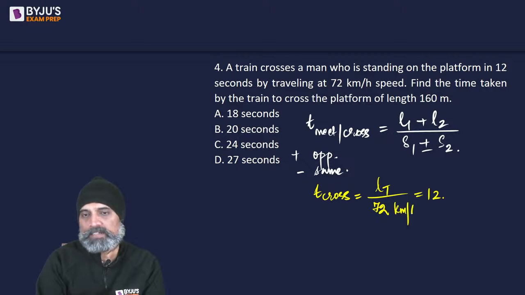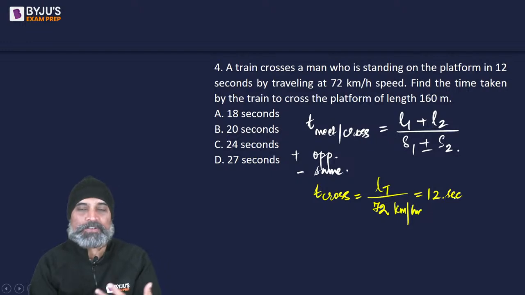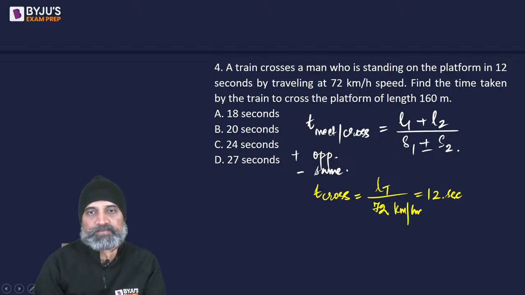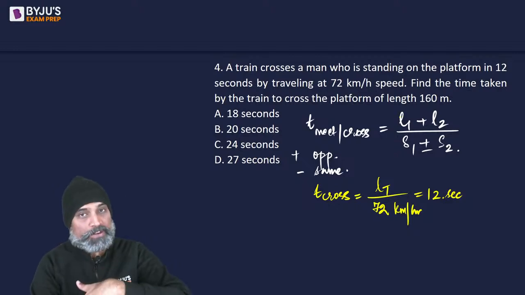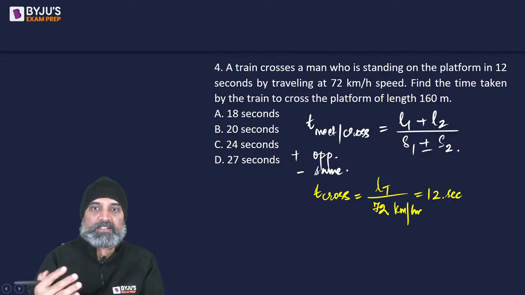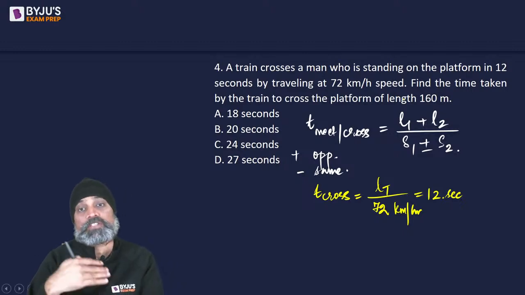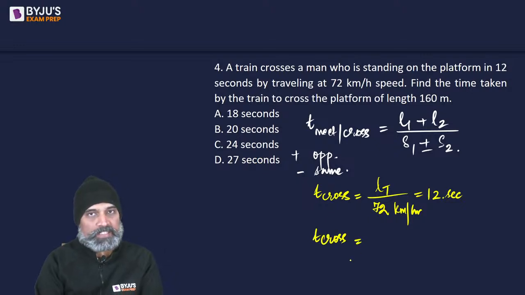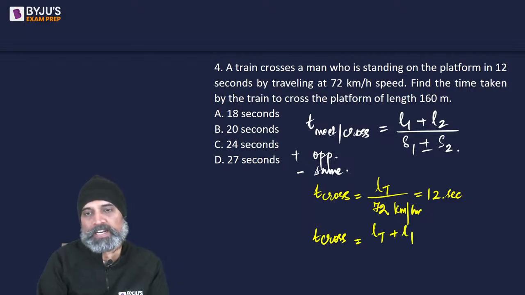Please understand, the units are different here. So you can convert kilometer per hour into meter per second, or you can leave it as such. Completely your choice. Now, if you look at the second part of the question, it says this train has to cross a platform now, right? So if I talk about the second scenario, the time taken by the train to cross the platform will be length of the train plus length of the platform, isn't it?